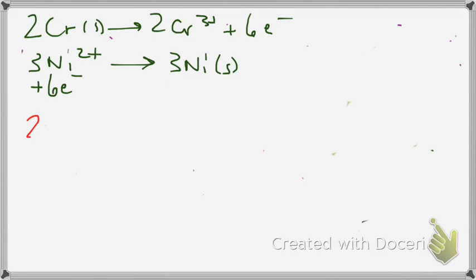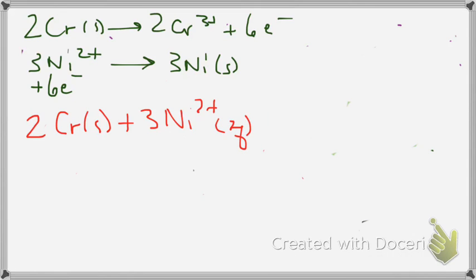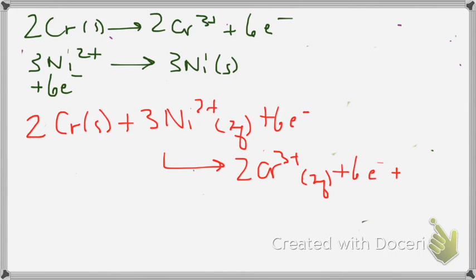When we combine these two, we have 2 chromium solids plus 3 nickel 2+ aqueous, plus 6 electrons, is going to make 2 chromium cations aqueous, plus 6 electrons, plus 3 nickel solids. Now, if you notice, because I'm not skipping any steps, we have 6 electrons on the reactant side, 6 electrons on the product side. So those are balanced, and we can just cancel them out.